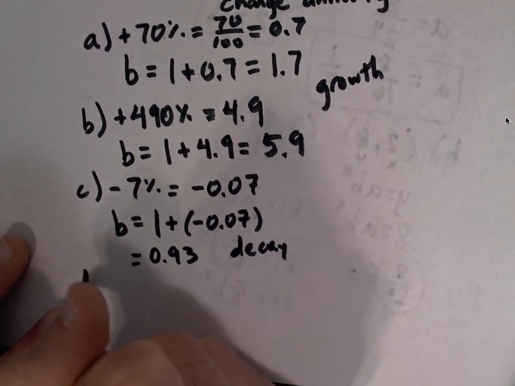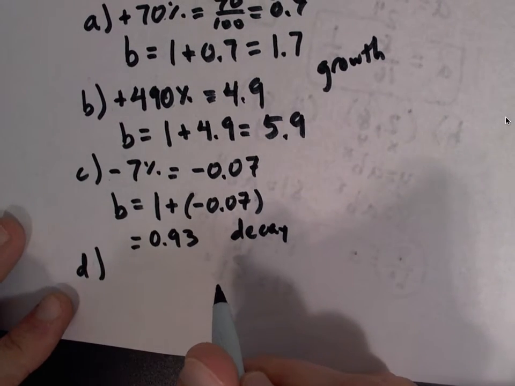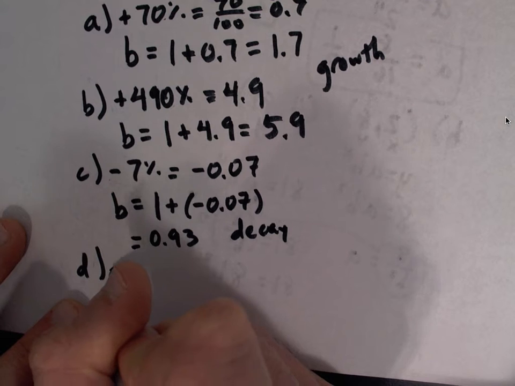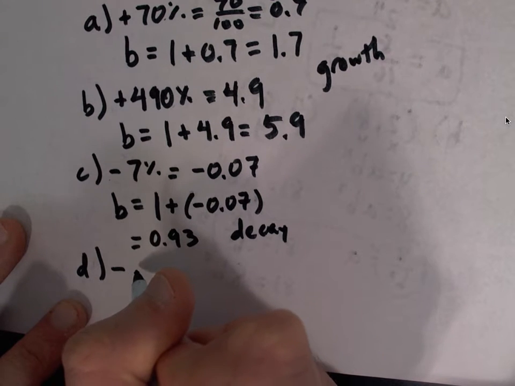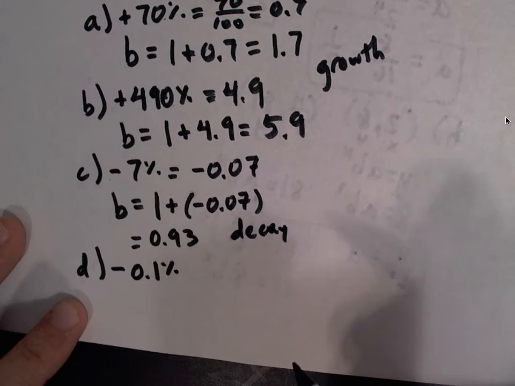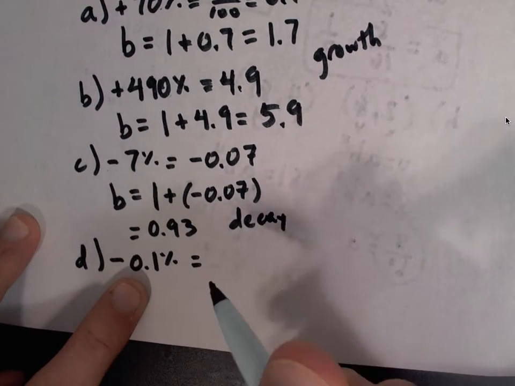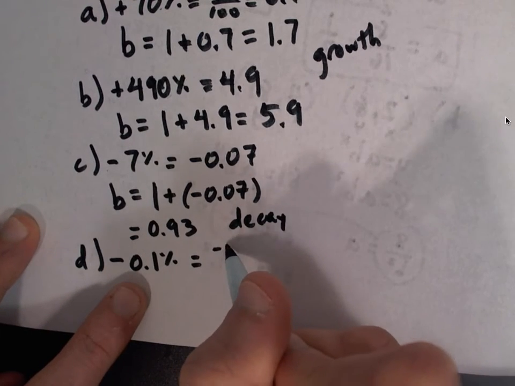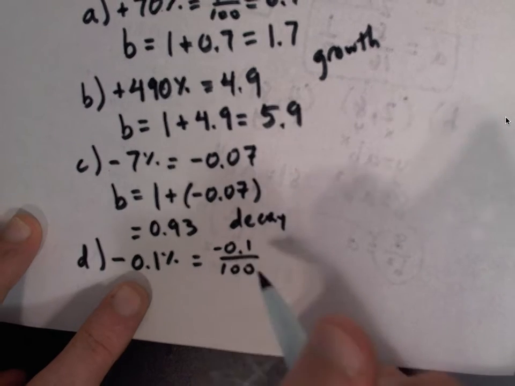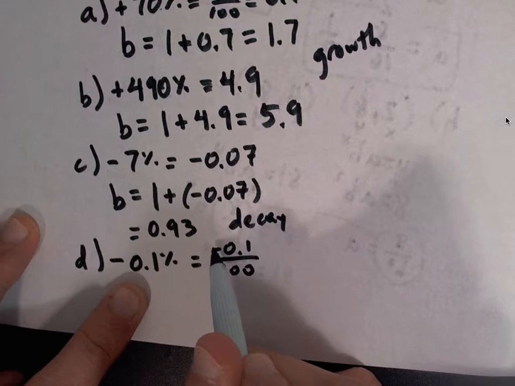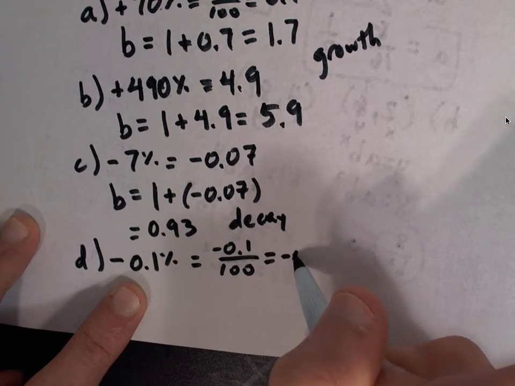All right, let's try another one. What about something really small, like something decreasing by 0.1%. So not 0.1, 0.1%. That's the same as saying negative 0.1 out of 100, which means you move the decimal twice to the left, giving you 2 zeros to the left.